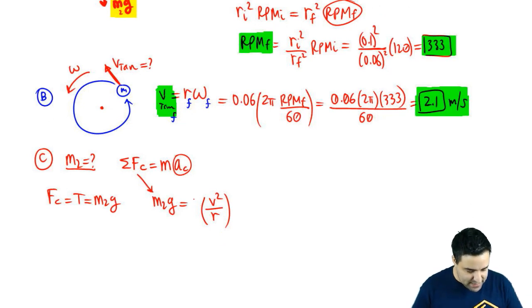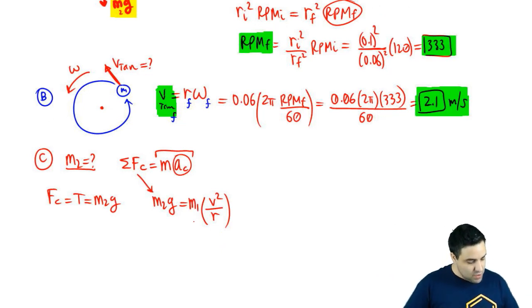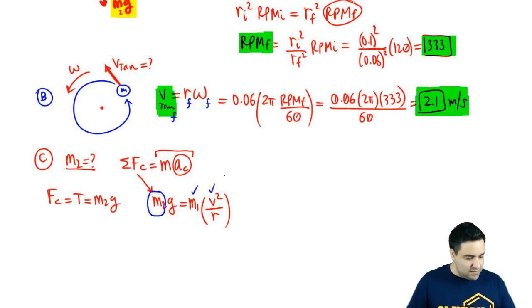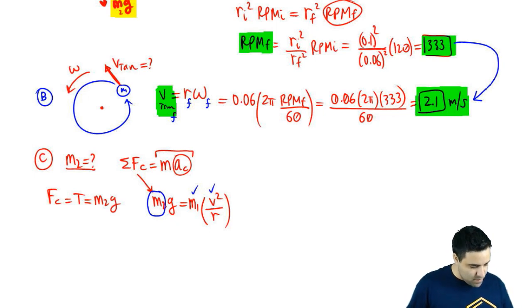I want to point out that this mass here is, this is the acceleration of the block, so this is actually going to be m1. So what we're doing here is we're trying to figure out what is m2 so that m1 can spin at this RPM, which, by the way, this RPM produces this speed. So the idea is you're going to plug 2.1 here. All right?